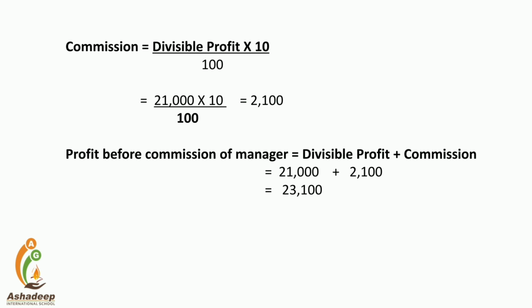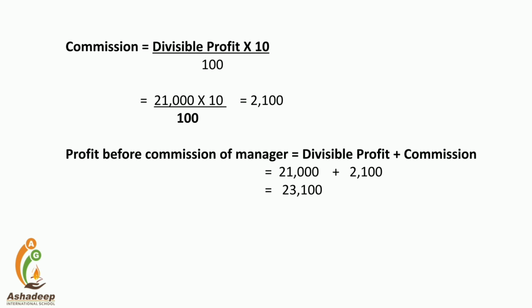Now we have the value of commission, we have the value of divisible profit. What is the question? We have to find profit before commission of manager. Students, profit before commission of manager is nothing but net profit. Always remember, profit before commission of manager is equal to net profit.